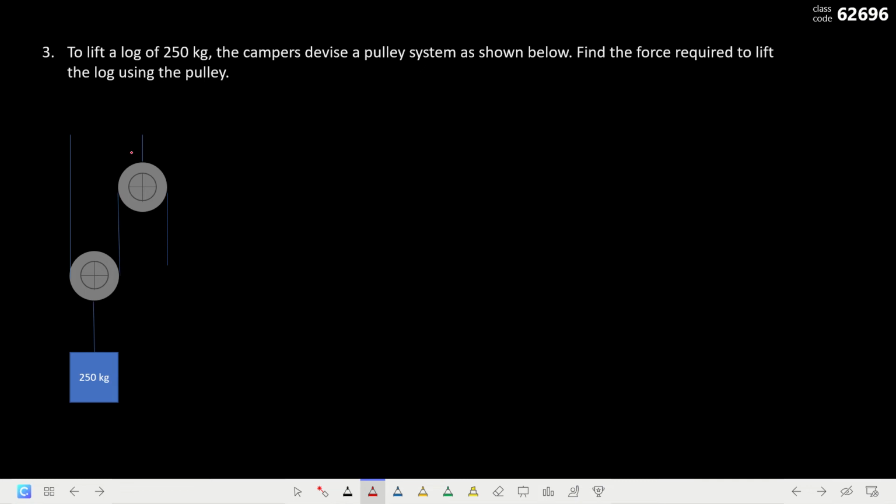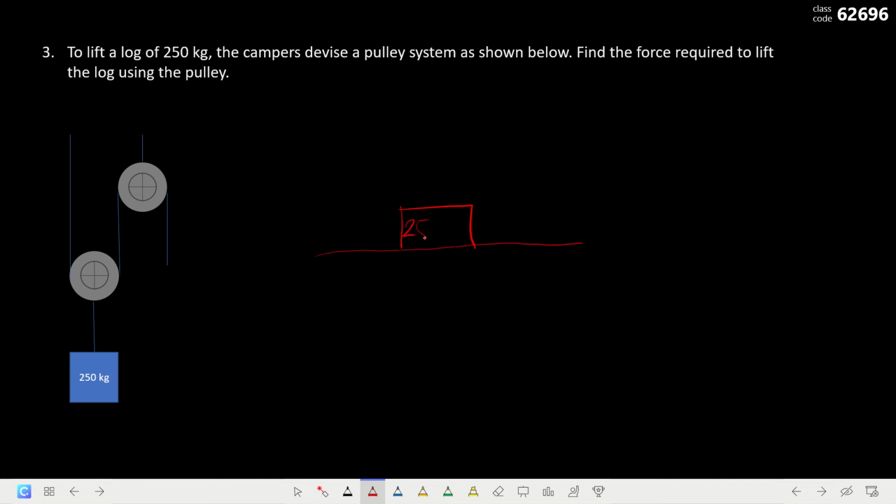Before we answer this problem, let us try to solve for the force required in order to lift the same object without the use of a pulley. If we are going to lift this manually, what is the force required to lift this object? Suppose we have the object here, which rests on a plane.